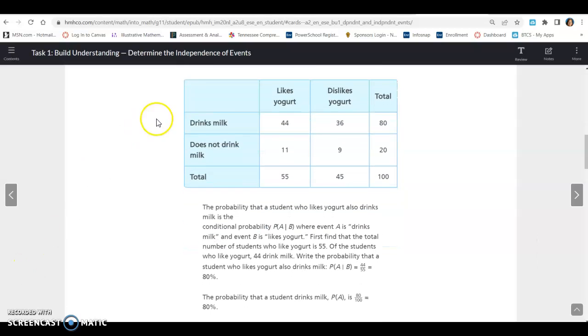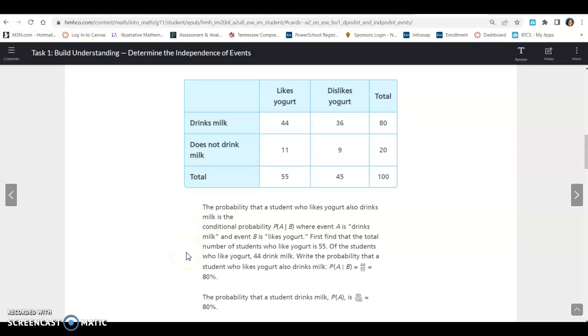You can see here, drinks milk: there are 80 students who drink milk, and there are 20 students who do not drink milk, for a total of 100 students. Likes yogurt: there are 55 students who like yogurt and 45 students who dislike yogurt, and again that equals 100. We're going to use the table to answer some questions.